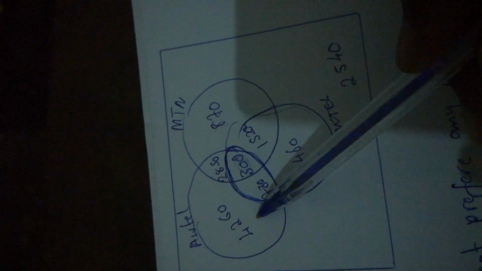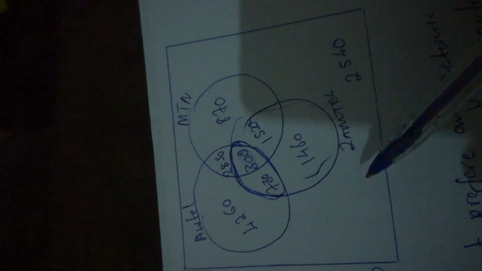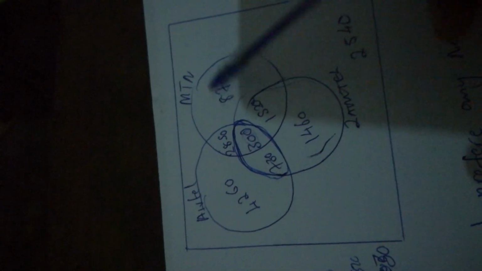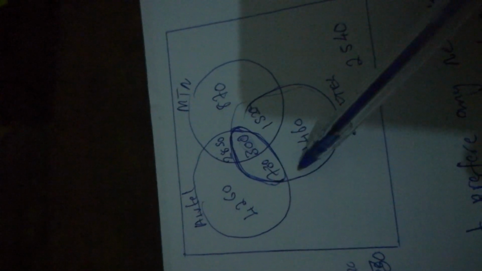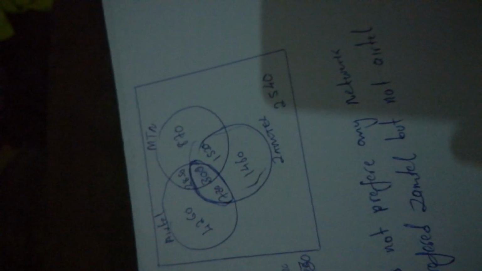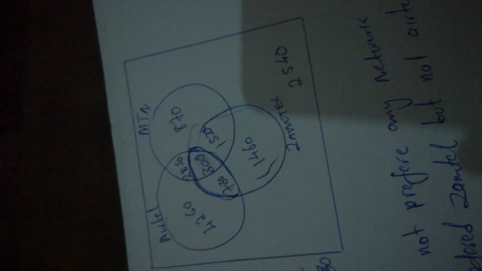They did not take part or prefer Airtel, nor did they with Zamtel, but it was just MTN. They are not attached to any of these. So you indicate here that 870 people preferred MTN only. You include that in your answer.